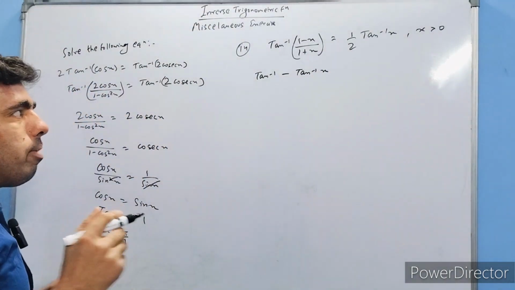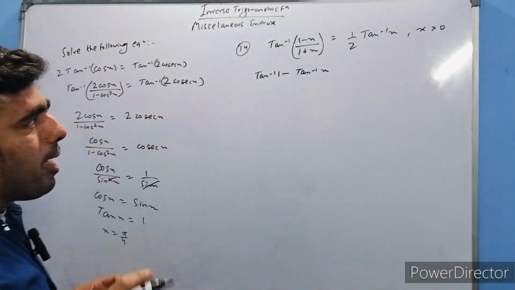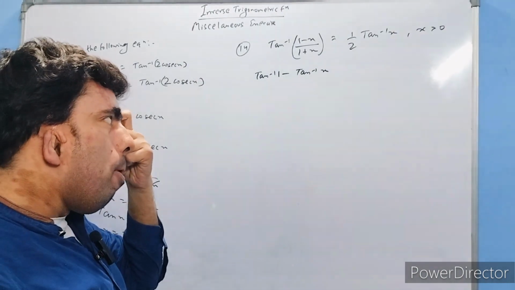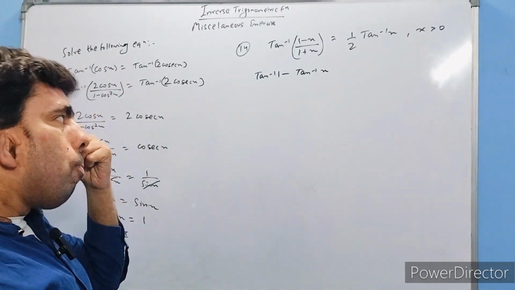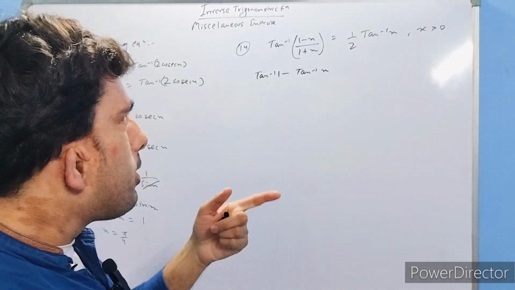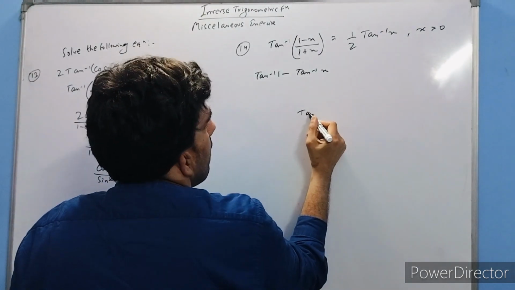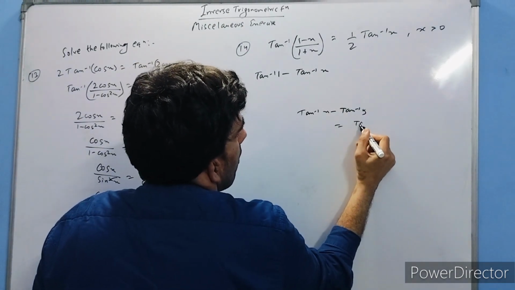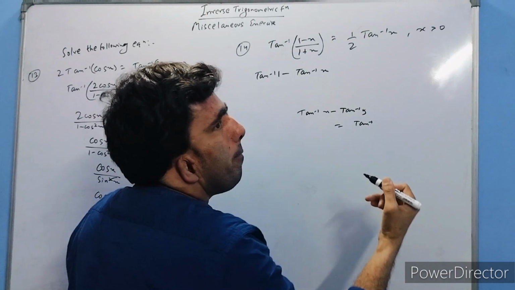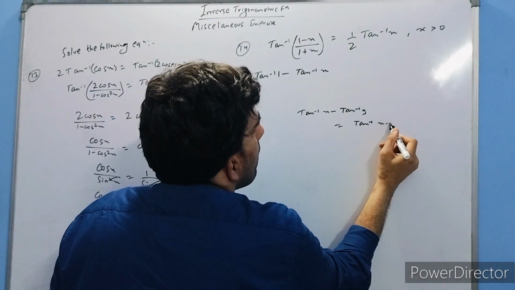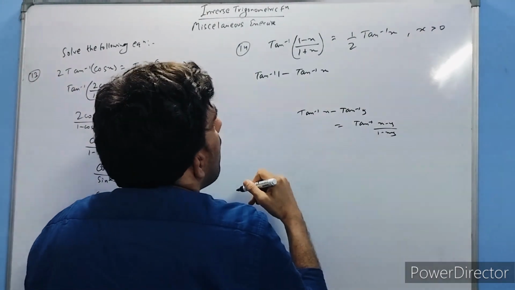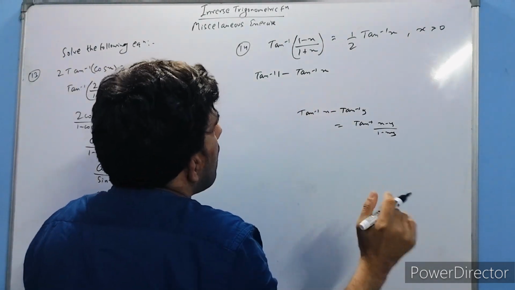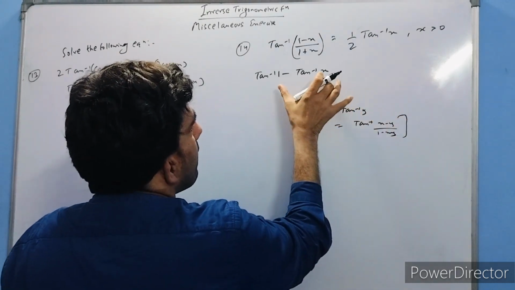We have the identity that tan inverse x minus tan inverse y will be tan inverse of (x minus y upon 1 minus xy). Here x is 1 and y is x. So that's how we have used this identity.